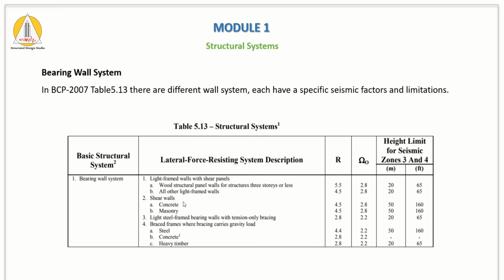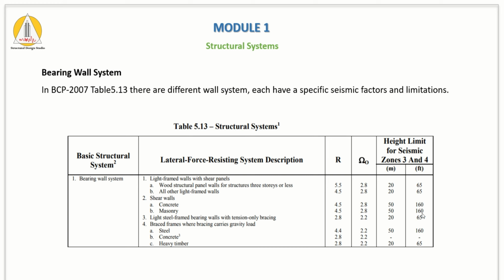For example, if I talk about the masonry shear wall, for masonry you have an R value of 4.5, omega is 2.8, and the building height limit is 50 meters, and in feet it is 160 feet for zone 3 and zone 4.